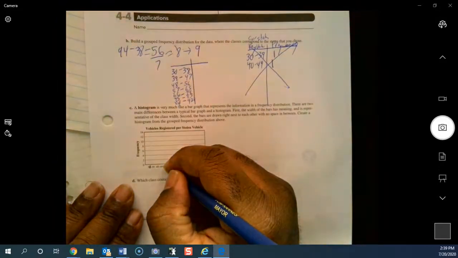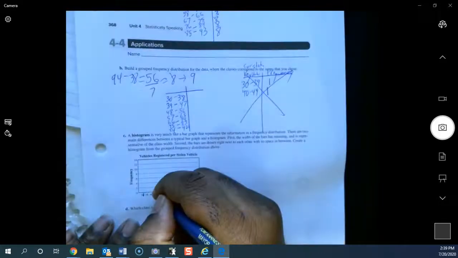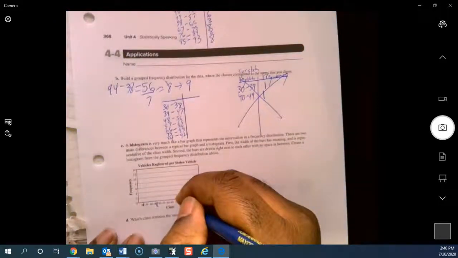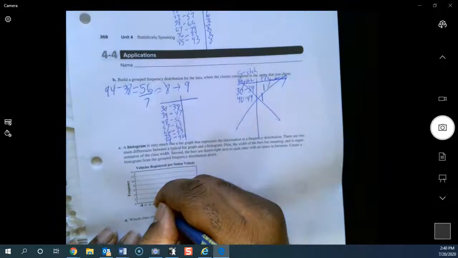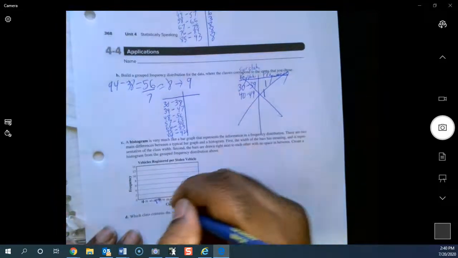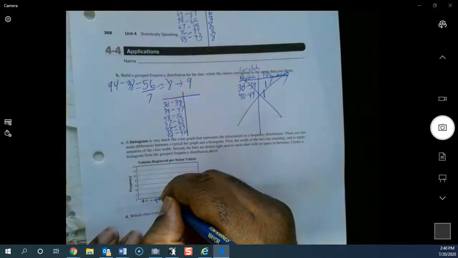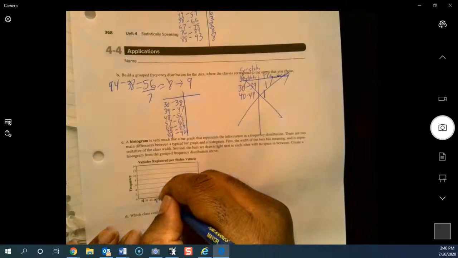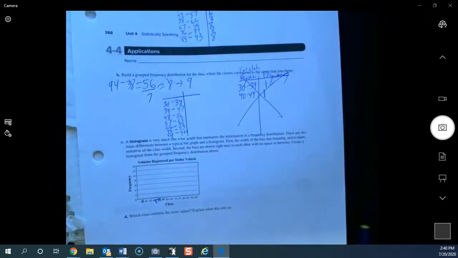This would be 40 through 48. And then 49 through 59. Or 49 through 57. So it doesn't look like that's going to fit. So what I would need to do here is this here.